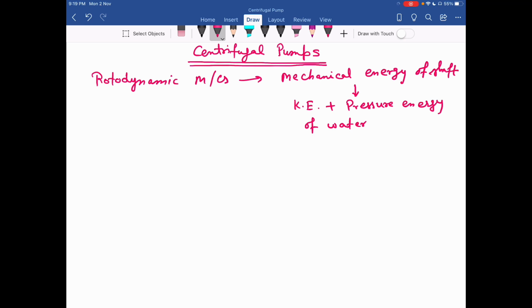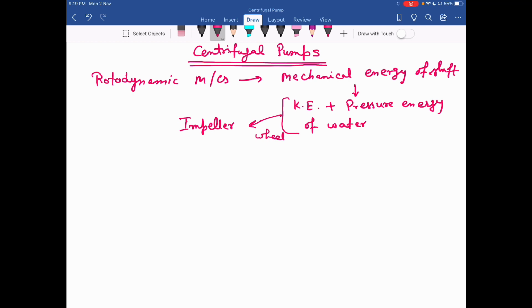Now the wheel in which this energy transfer takes place, that we call as impeller. So in case of turbine, the wheel where energy transfer takes place is called runner. However, in case of centrifugal pumps, the wheel where energy transfer takes place is known as impeller.